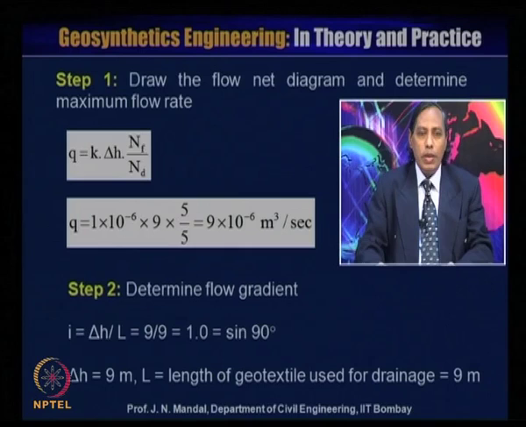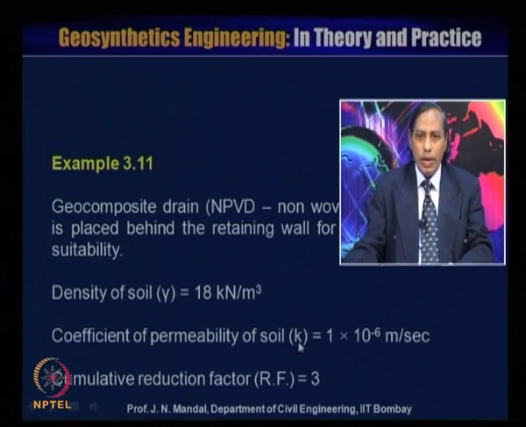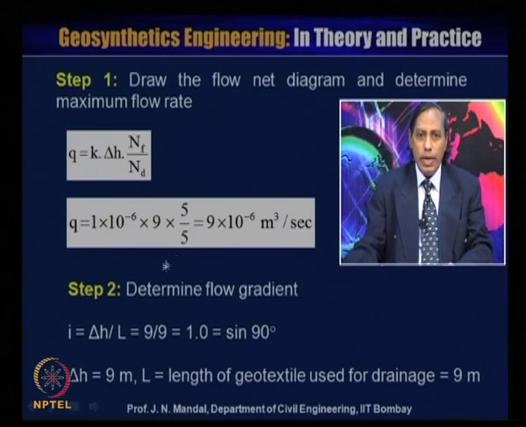So, Q is equal to K into delta H into NF by ND, where K, the coefficient of permeability of the soil, is 1 into 10 to the power minus 6 meter per second, and then delta H is 9.